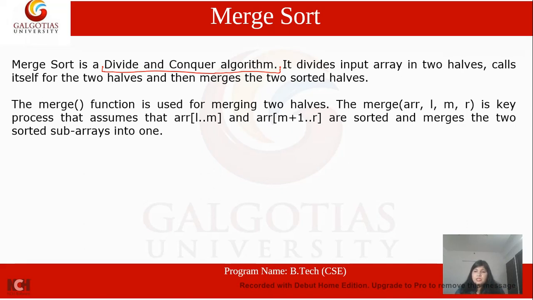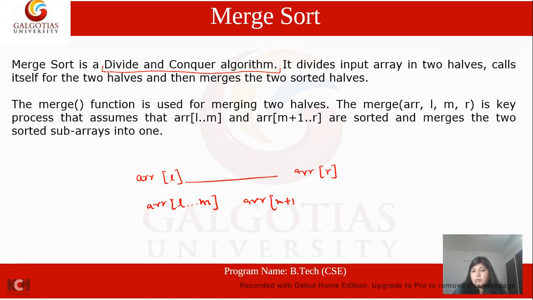Now the merge is a key process that assumes the following. Suppose we have one array starting from L and ending at R. There will be two portions or halves of the array: the array from L to M, and the array from M plus 1 to R. They are each sorted.